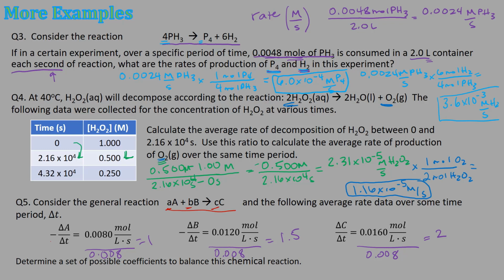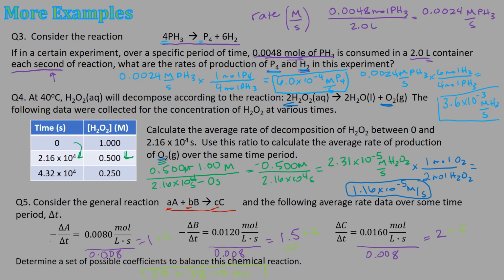And so those are our coefficients, except you can't have a 1.5 for a coefficient, so all of these are going to double. So the coefficient for capital A would be 2, because this has to be doubled, and this would have to be doubled, and this would have to be doubled. So 2 A's plus 3 B's gives me 4 C's. So that's the reaction.